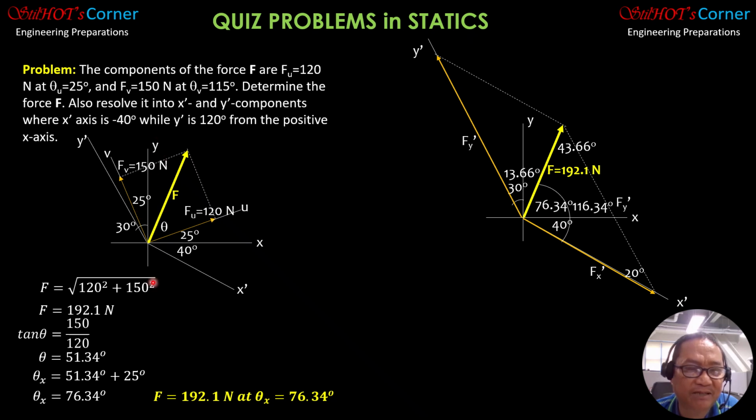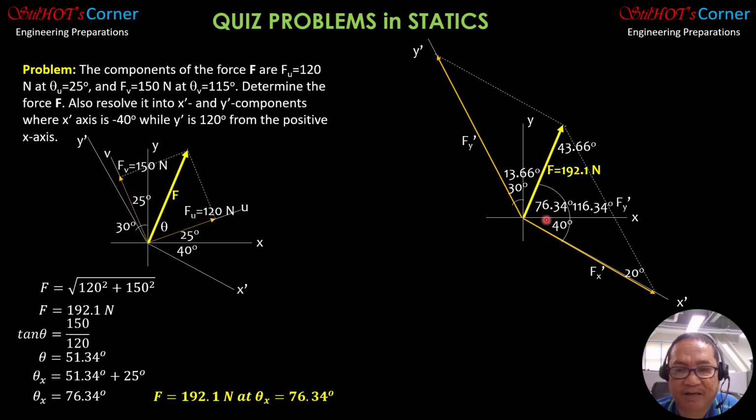So from the y-axis, it makes 30 degrees, which is this. So 30 degrees plus 13.66 degrees is 43.66 degrees, and the measure of this angle is equal to the measure here, which is 43.66 degrees. While this angle here is simply 180 degrees minus 116.34 degrees, then minus 43.66 degrees, and that is equal to 20 degrees.